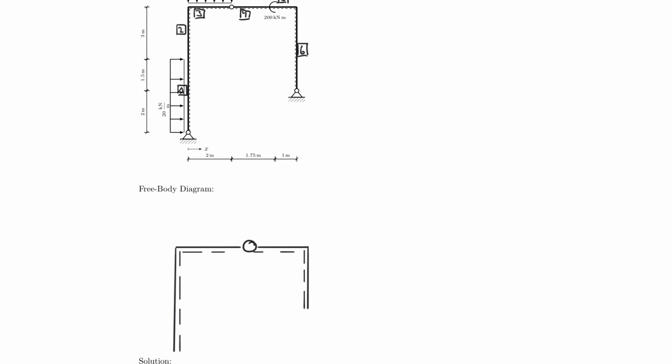And now I need to bring in my forces. So you see, drawing a free body diagram for a hinge frame is no different than it is for a beam. And of course, I cannot forget my concentrated moment.